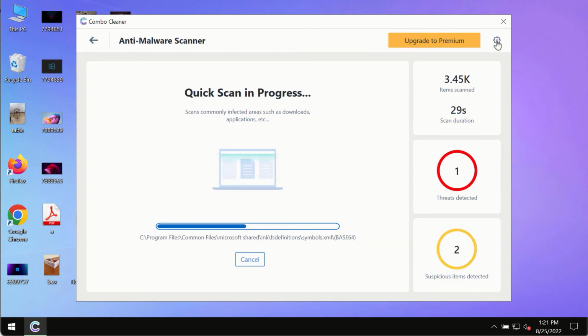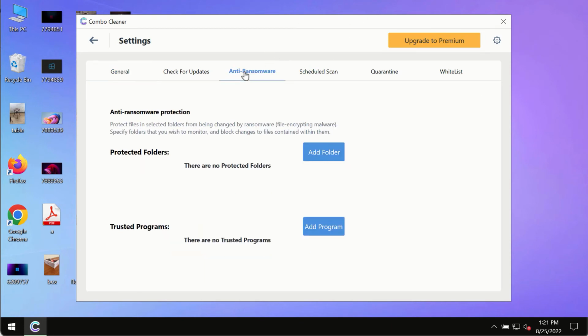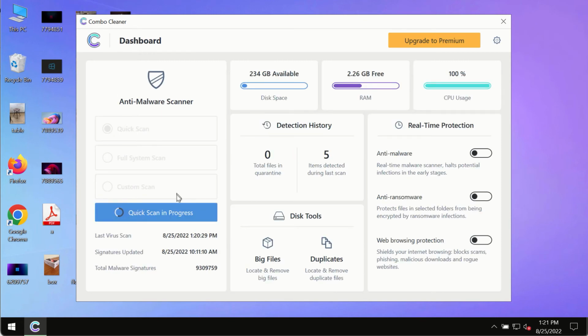While the scanning by Combo Cleaner is taking place, please pay attention to several of its features, such as anti-ransomware. This feature, for instance, allows you to add several folders that will always be protected against ransomware or malware attacks.